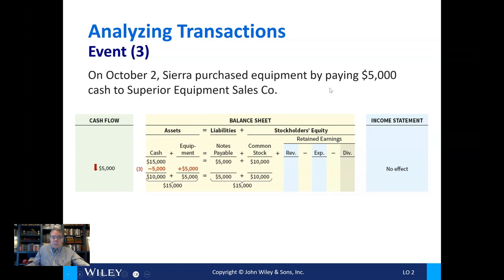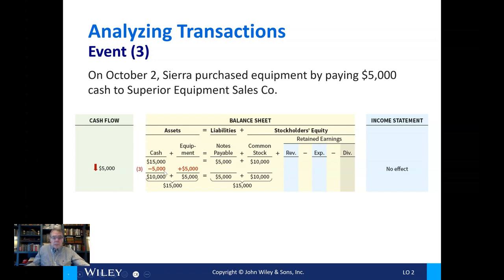We purchased equipment by paying $5,000. So this is a case where we have increased one asset but decreased another. And so we're going to pay $5,000 cash. So just like you would put a negative sign on when you're withdrawing cash from your checking account, same thing for a company.